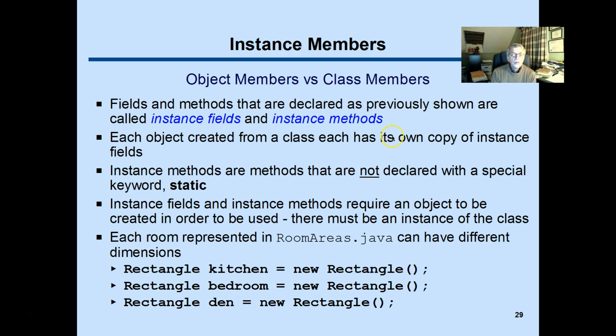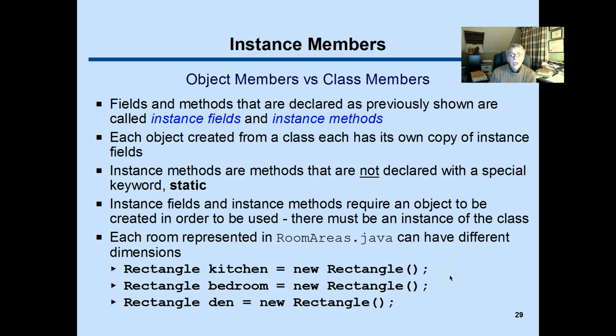Okay, so fields and methods that are declared as we've illustrated up to this point are referred to as instance fields or instance methods because they are part of the object. Each object is an instance of the class, and each object will have its own length, its own width. We could have a bunch of rectangles out there. For example, if the rectangles represent different rooms, then we could create a rectangle which represents the kitchen in the house, a rectangle which represents a bedroom, and a rectangle which represents the den.